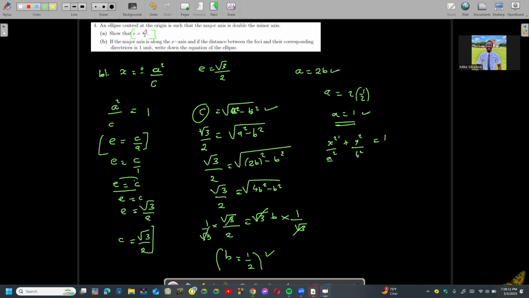Now we have the value of a, we also have the value of b. We're going to substitute: x squared over 1 squared plus y squared over (1 over 2) squared is equal to 1. From here, you can do the simplification.